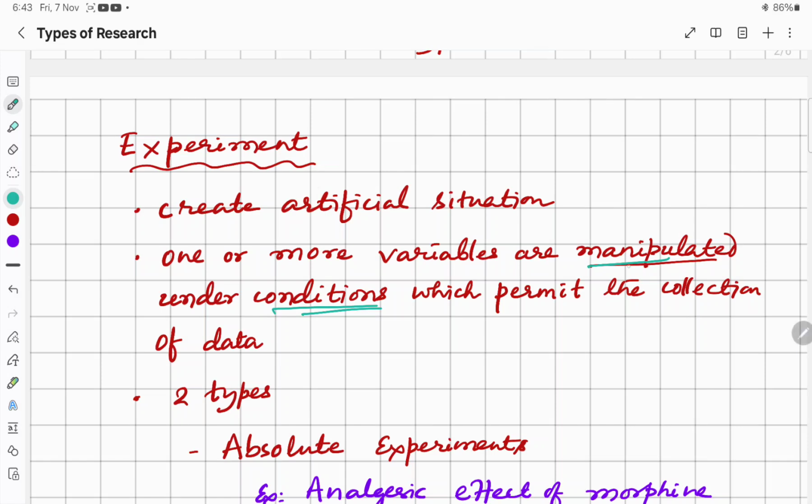So variables are manipulated, so we can say that it creates an artificial situation. Our experiments create artificial situations so that the researcher can obtain the particular data needed and can measure the data accurately. The situations are actually created to test.